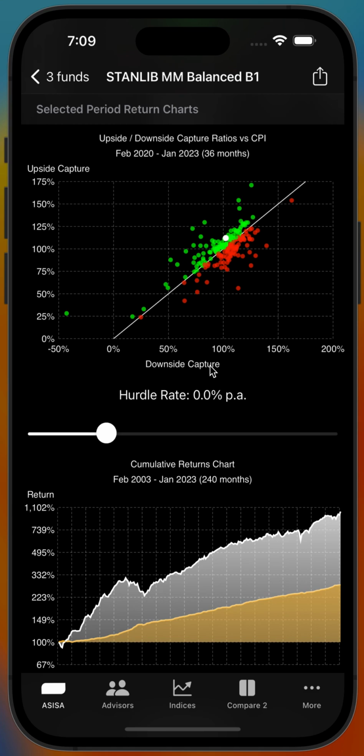Okay, that's important. It's not the months that the fund was down, it's the months that the benchmark was down. Take the fund's return and express the fund's return as a ratio to the benchmark's return. That's a downside capture ratio.